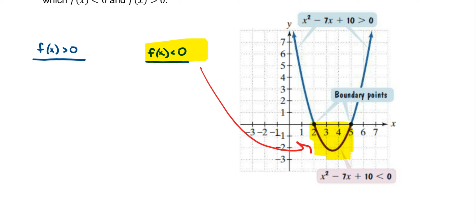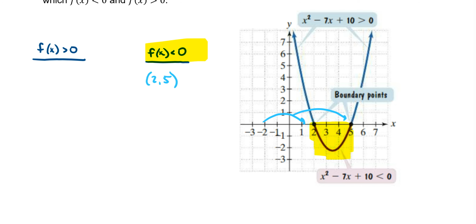That's going to be the highlighted portion over here. And this interval here, remember, it's only x values that we're going to be using when we're writing the answer in interval notation. That's going to be the x values from 2 to 5. So f of x is less than 0 on the interval 2 to 5.